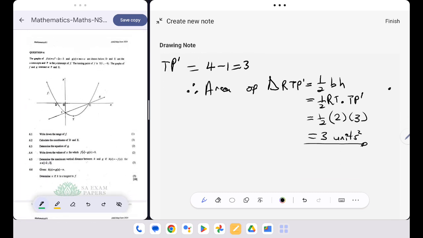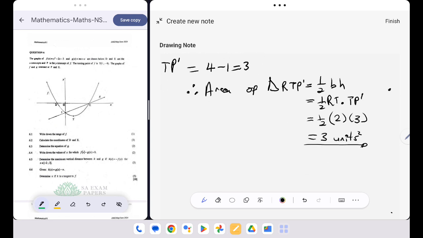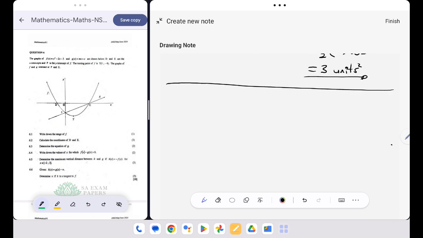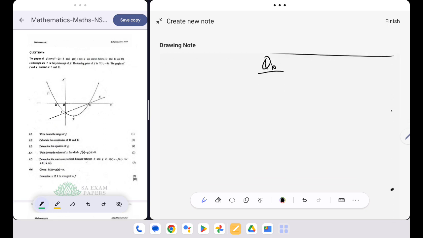We have two graphs there. We have a quadratic function and a linear function. Question 6. 6.1.